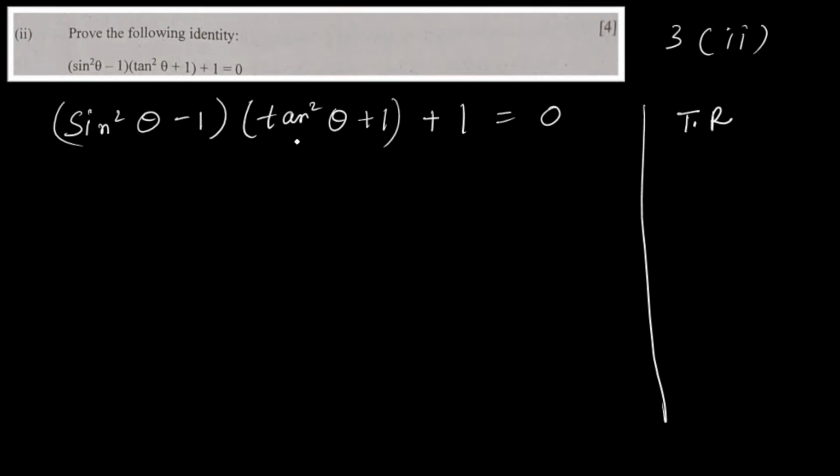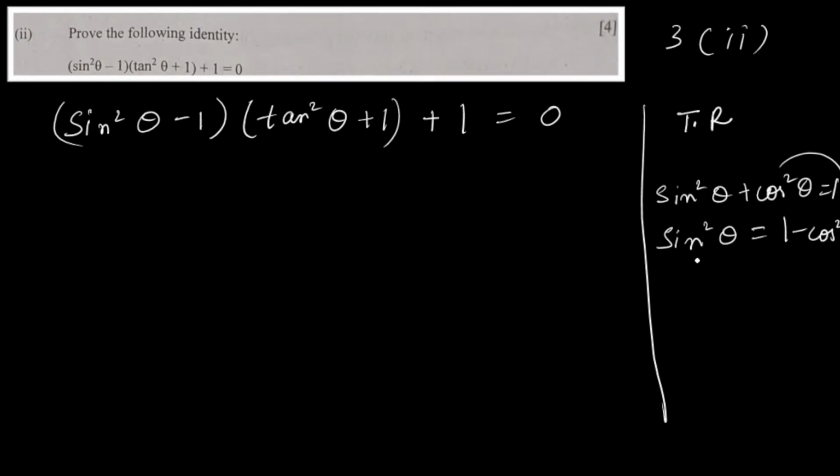So the square relation we have first is sin²θ + cos²θ, which we know is equal to 1. But here we have sin²θ − 1. So if I substitute from this square relation, sin²θ is equal to 1 − cos²θ.